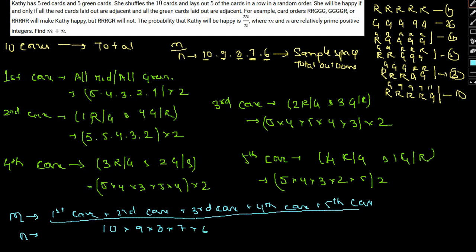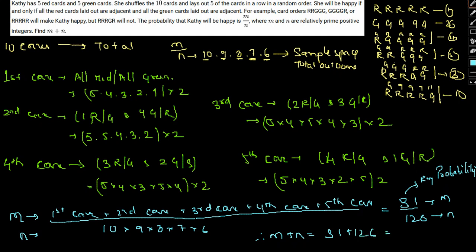If we solve this, multiply all this and add, we get 31 by 126, where this will be m and this will be n. So this is our required probability. Therefore m plus n would be 31 plus 126, which is 156, or 157, sorry, 157, which is the final answer.